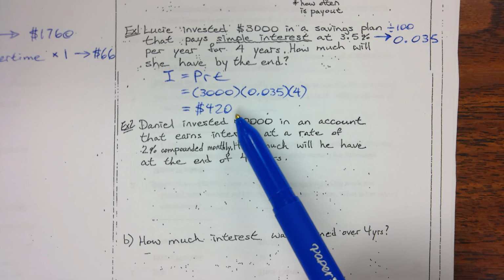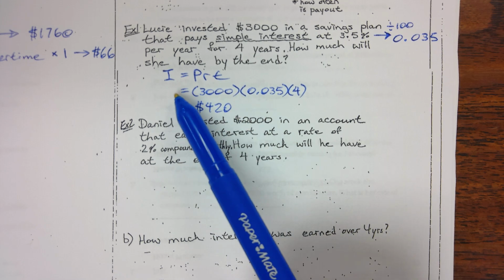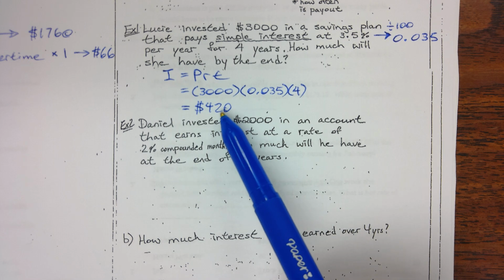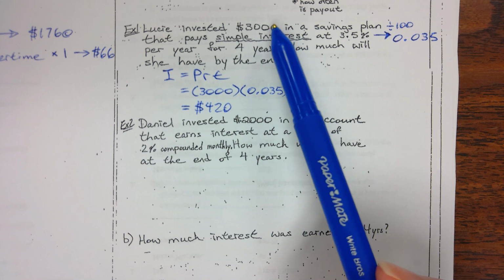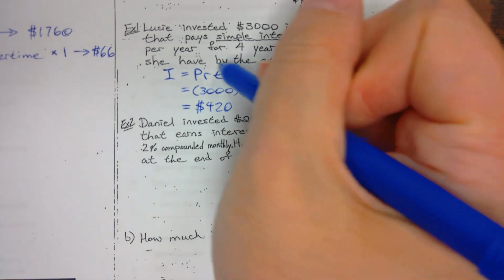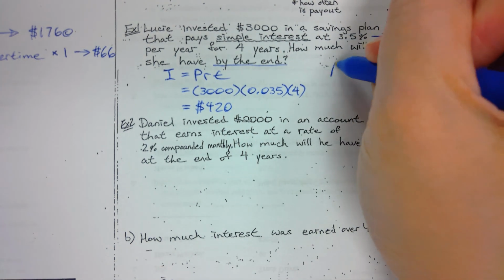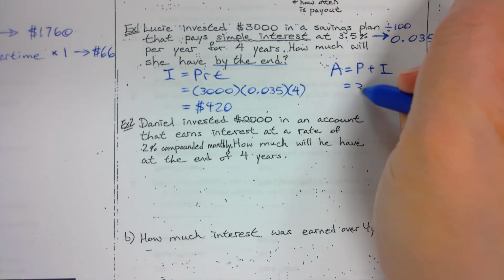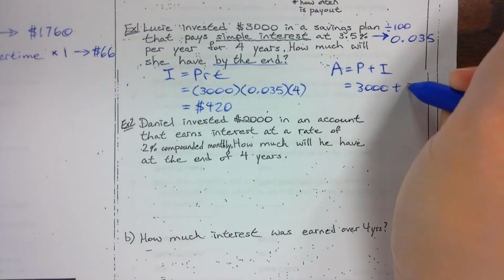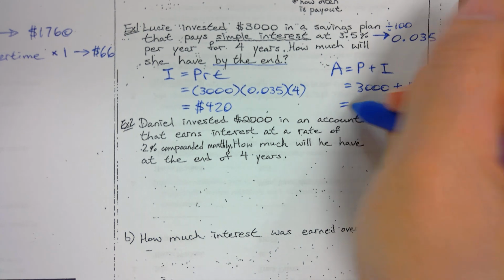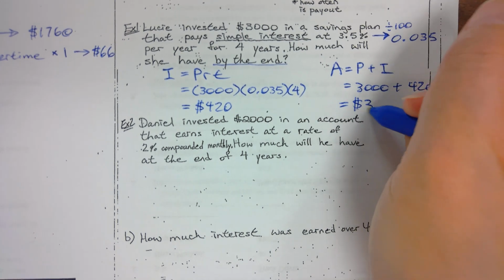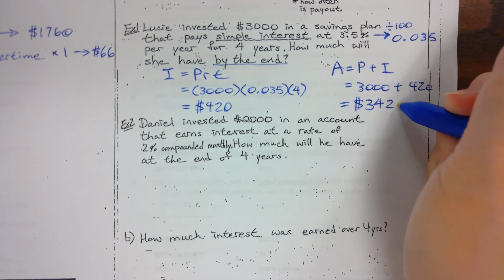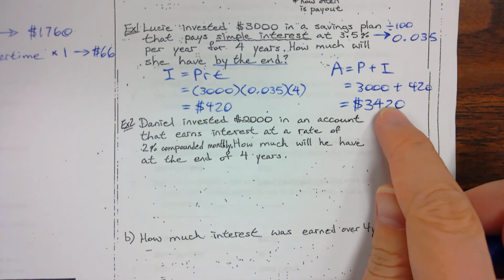It would mean I lost money, right? What does the I represent again? Interest, right? So this is only the interest. Don't forget your principal amount. I want to know how much I have at the end, so principal plus my interest: 3,000 plus the 420. So at the end, when I take a look at my balance after 4 years, I should see this in the account.